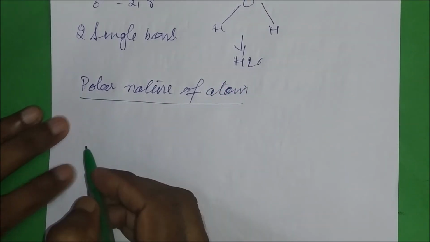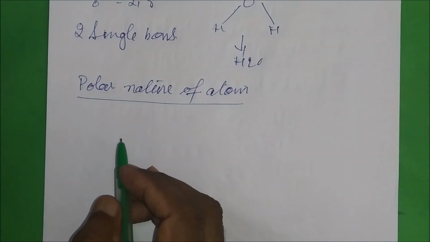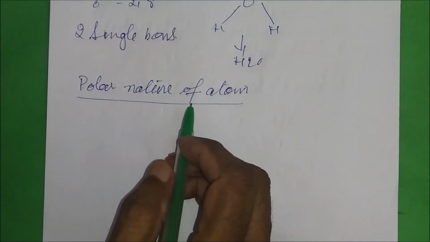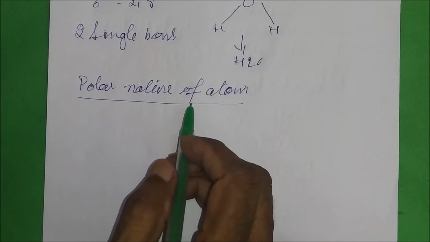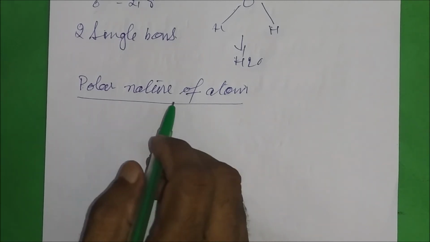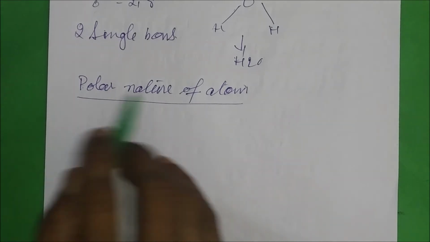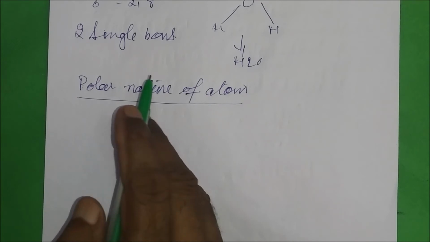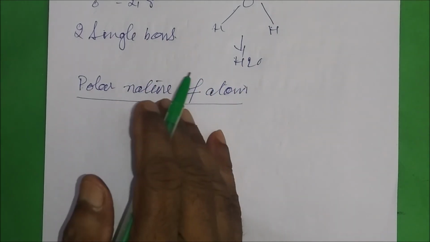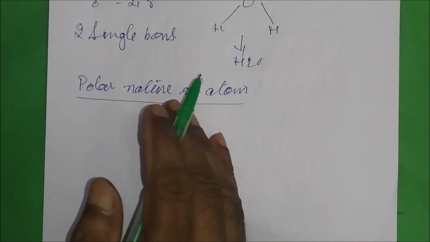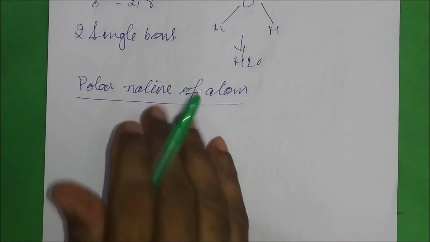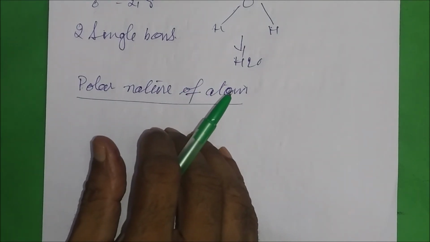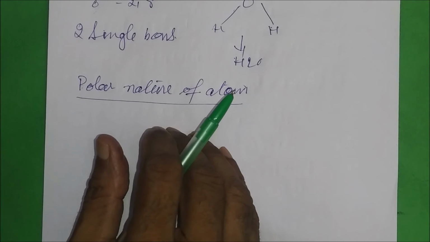In this, oxygen is more electronegative than hydrogen, hence the shared pair of electrons moves towards the oxygen atom. Hence the oxygen develops a small negative charge, right? That is sometimes known as delta negative. And hydrogen develops a small positive charge, delta plus.